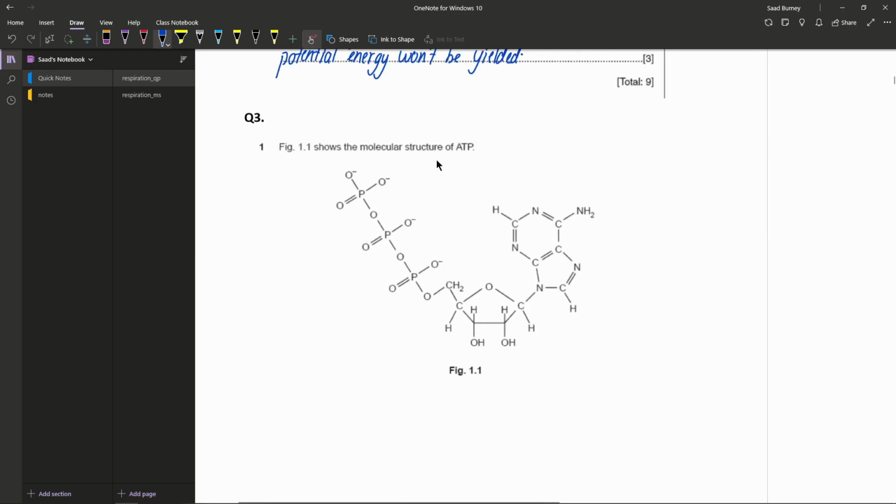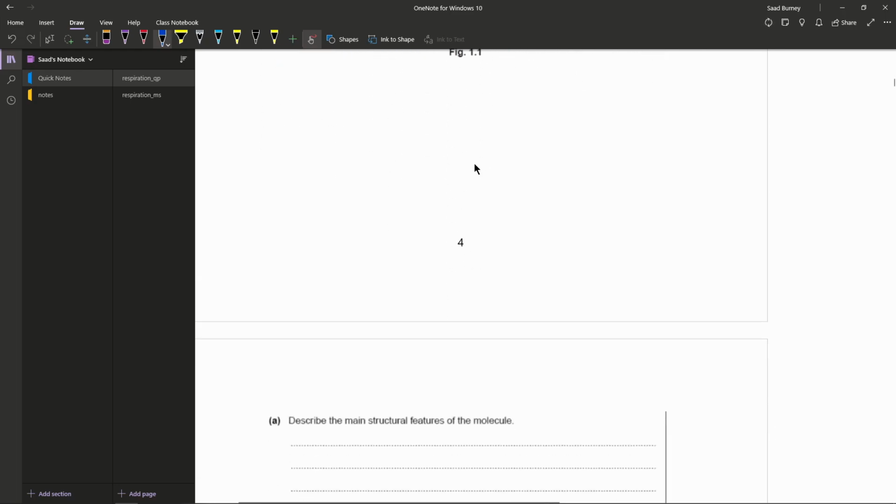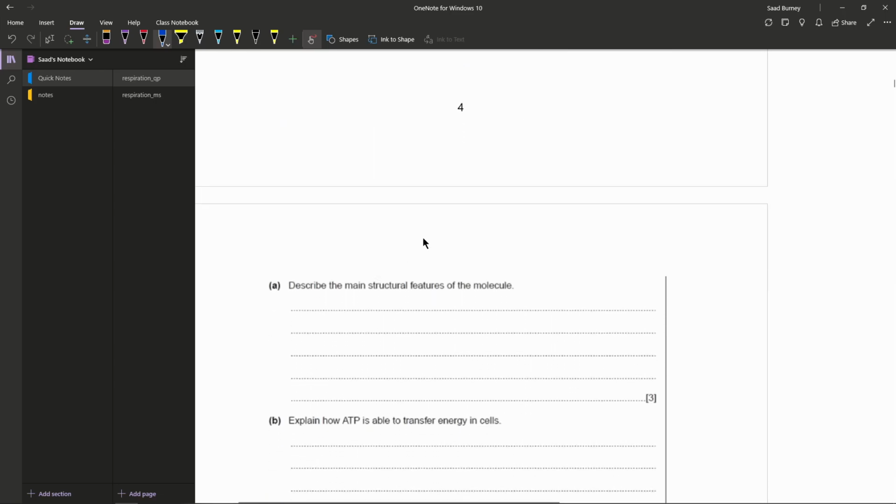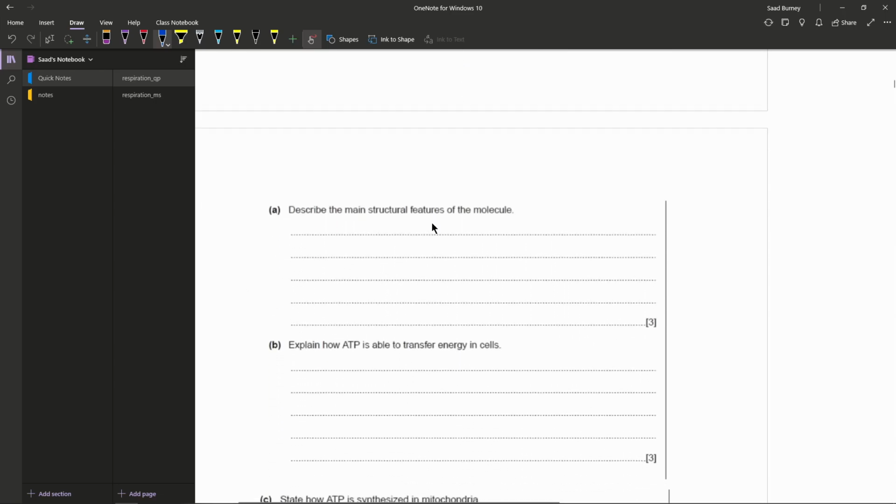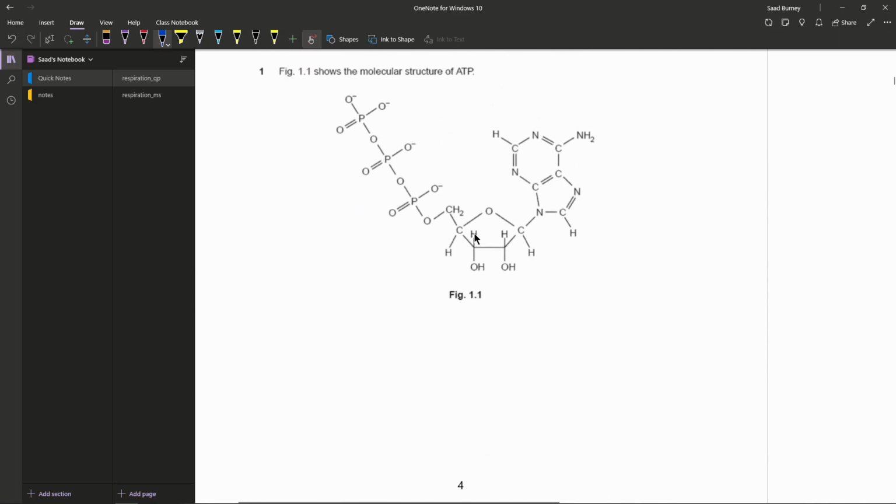Figure 1.1 shows the molecular structure of ATP. Part A says, describe the main structural features of the molecule. Okay, so whenever you're given a diagram of ATP, you should be able to recognize all the constituents. So I can easily say that this is the phosphate group.